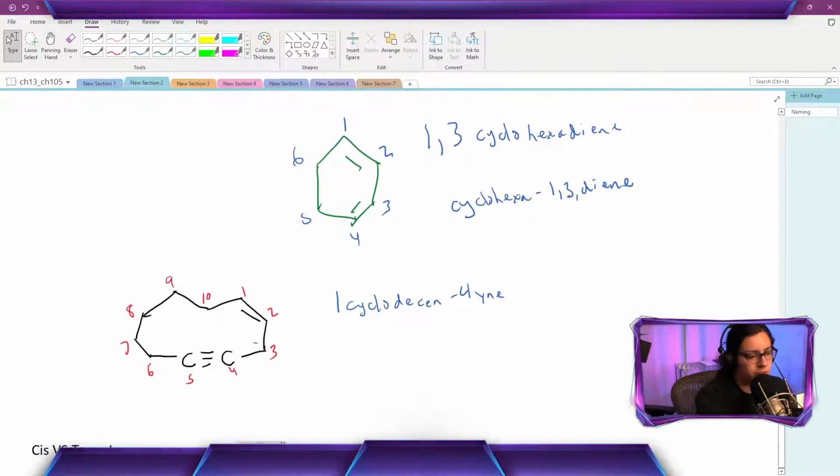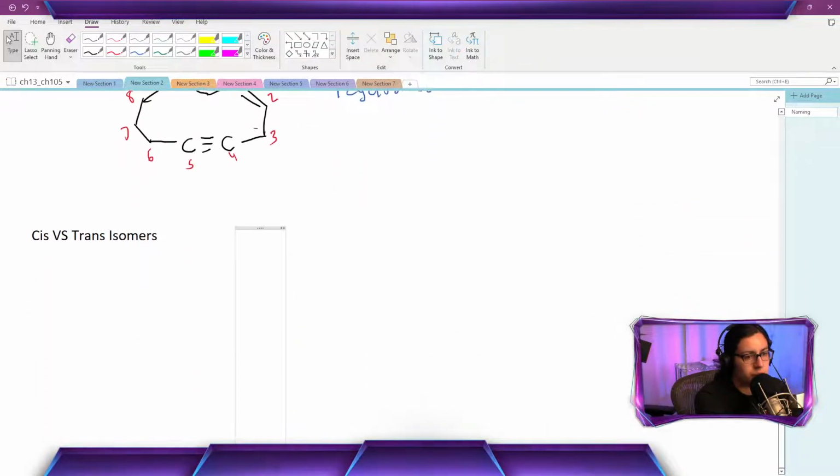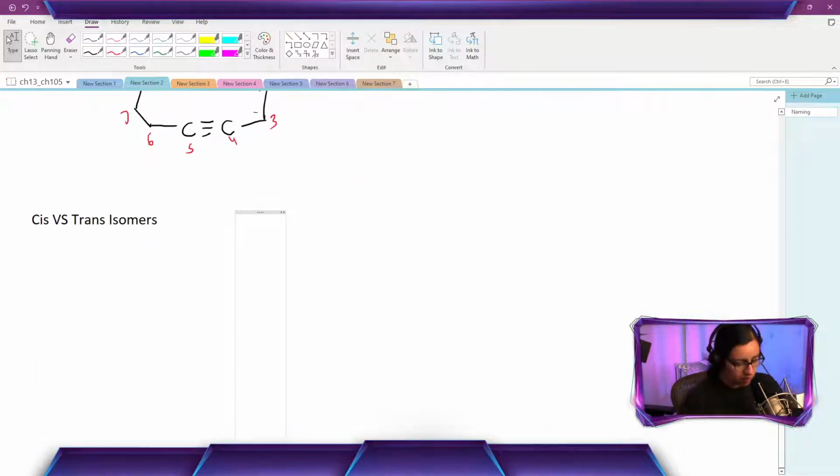So the other thing that will come up is cis versus trans isomers.